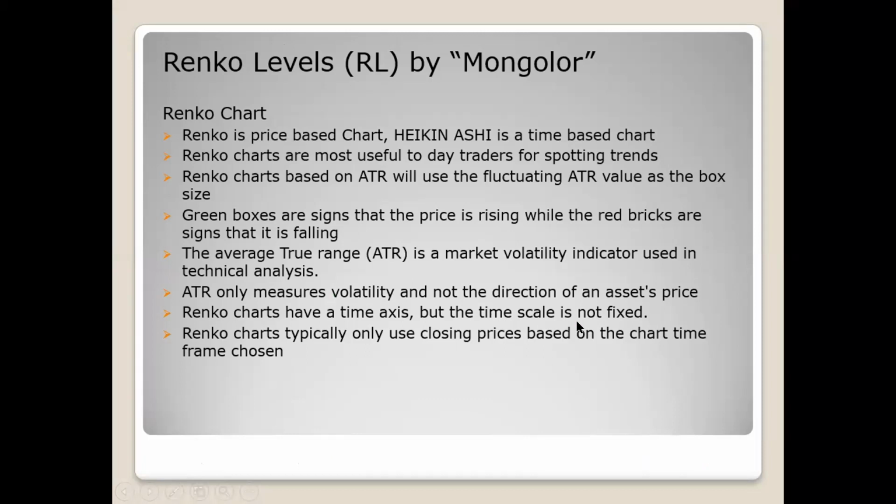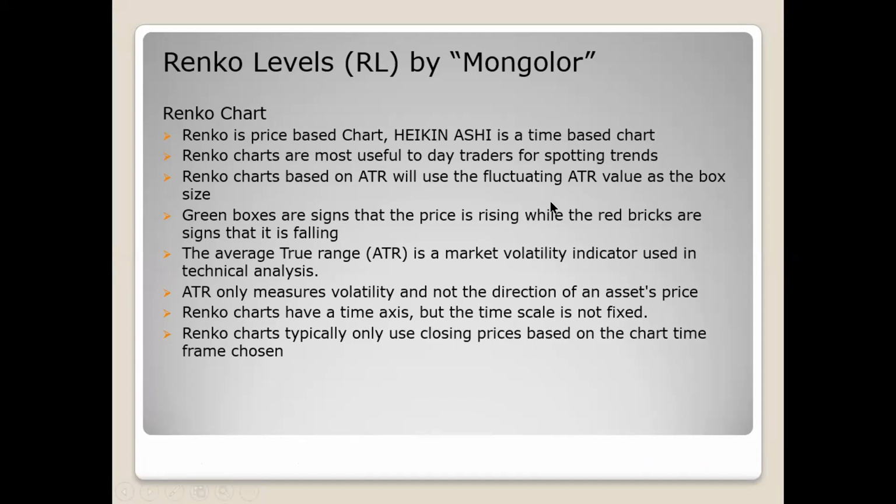So Renko levels by Monglore. Basically, Renko is a price-based chart, unlike other charts, which are usually time-based. The Renko chart is useful for traders for spotting the trend, such as the current day trend, how it is going up or down, or over certain time slots. The Renko chart is based on ATR.